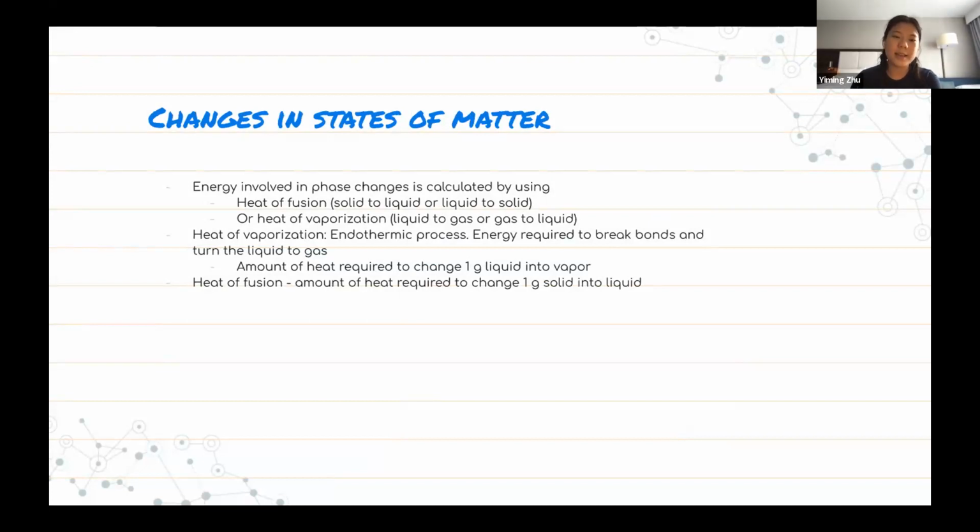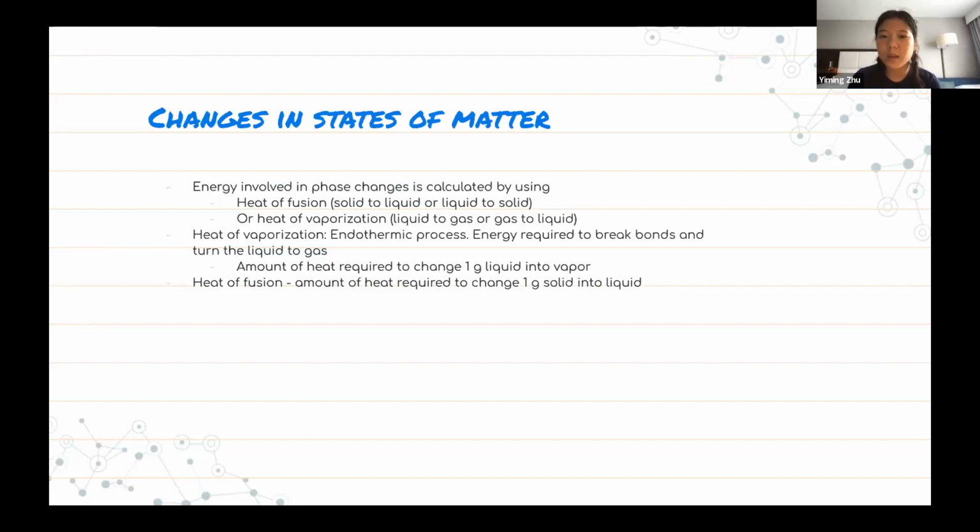For example, heat of fusion is basically the amount of heat required to change 1 gram of a solid into a liquid. Say, for example, water again: the heat of fusion of water would be the amount of heat required to change 1 gram of ice into water.